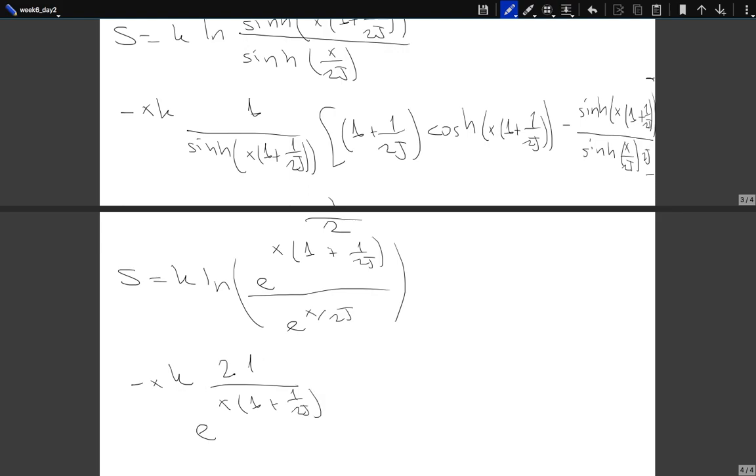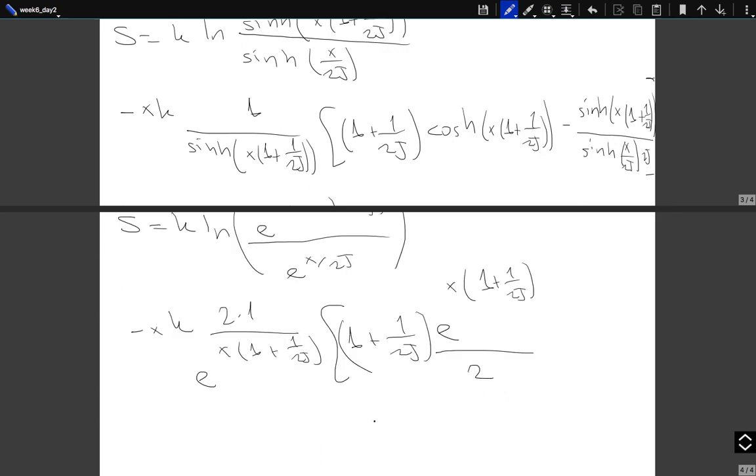Now there is a factor 2 times 1 plus 1 over 2j. Cosine hyperbolic is e to the power x 1 plus 1 over 2j divided by 2, minus e to the power x 1 plus 1 over 2j. This is the sine hyperbolic in the numerator divided by 4j e to the power x over 2j.